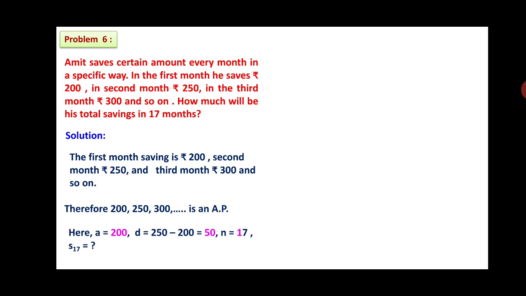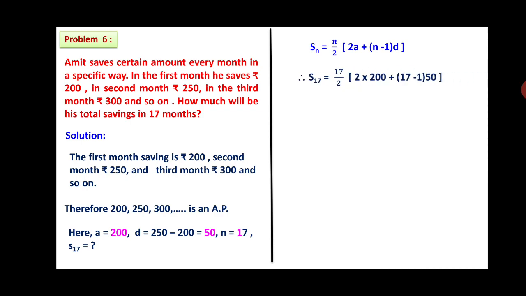So, we have to calculate here S17. We'll continue with the formula Sn is equal to n by 2 into bracket 2a plus n minus 1 into D. Therefore, n is 17. Therefore, S17 is equal to 17 upon 2 into bracket 2 into 200 plus bracket 17 minus 1 into 50. We have substituted the values of n, a and d. So, S17 will be 17 upon 2 into bracket 2 into 200 plus 17 minus 1, which is 16, into 50. So, we will take 2 common from the bracket.